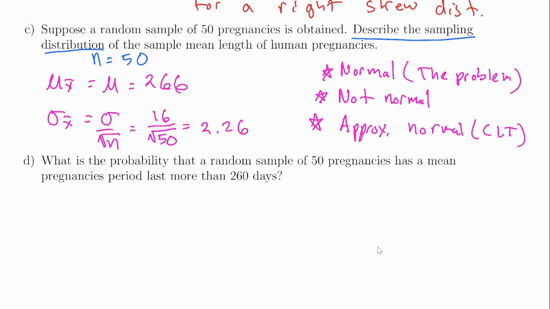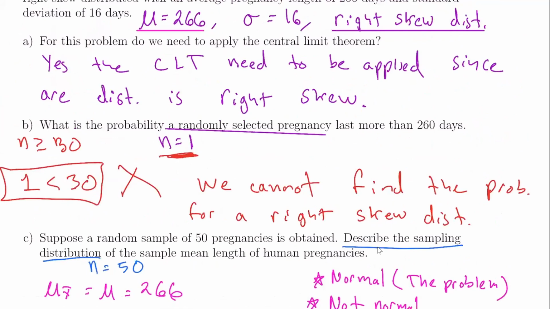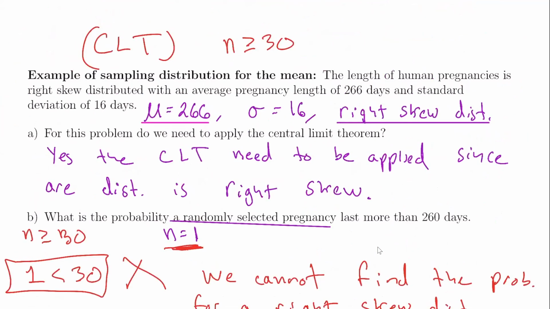Up next, we're going to figure out if this is a normal distribution, if it's not a normal distribution, or if this is approximately normal. In order for it to be a normal distribution, the problem had to tell us that. If we go back to the beginning of the problem, they told us this was a right skew distribution.